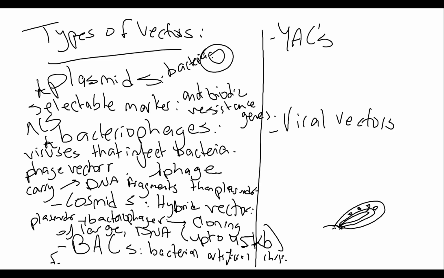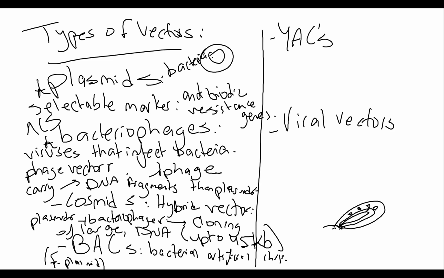They are used to clone DNA fragments between 100 and 300 kb, a very huge DNA fragment. We must use the BAC. It's artificial because we won't have in nature this kind of plasmid that is able to clone such big DNA fragments.